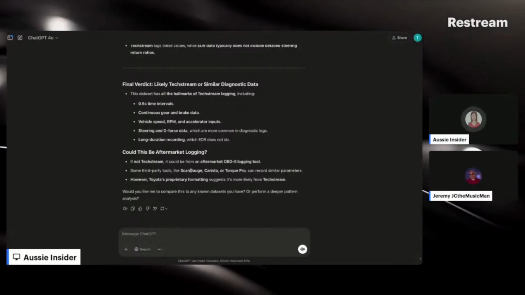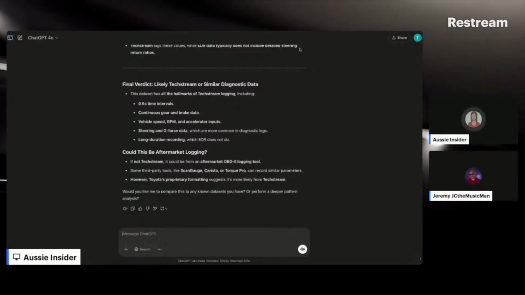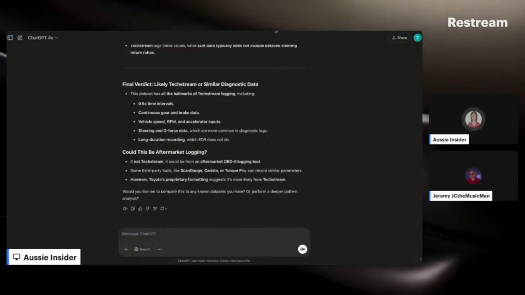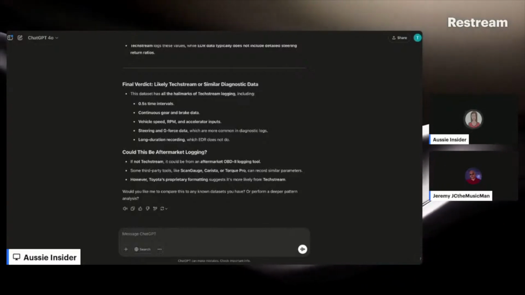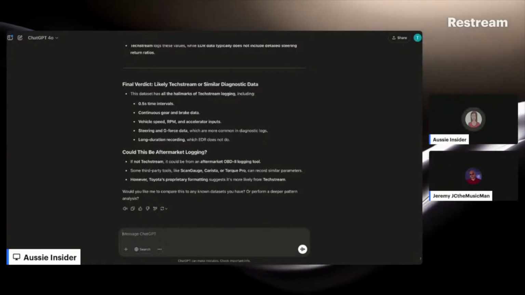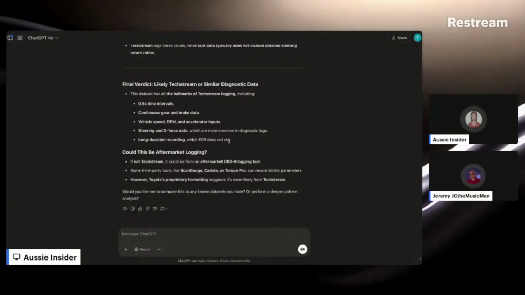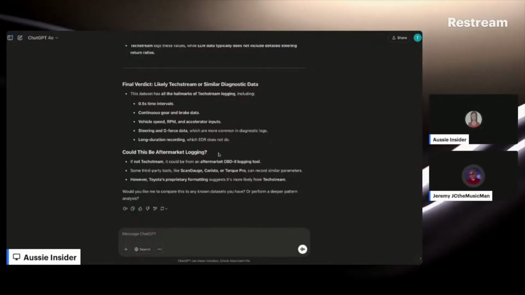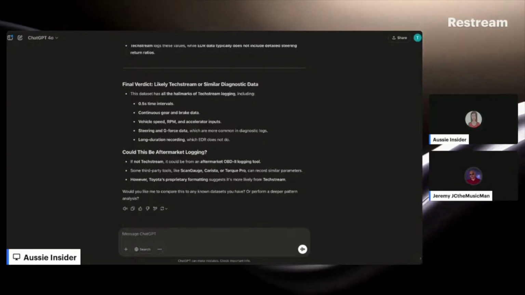So this is probably what you would get as a mechanic, for example, trying to get the information. Yes, it's not even the actual data that we would normally look at after an event. Right.